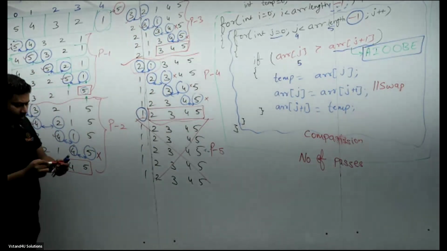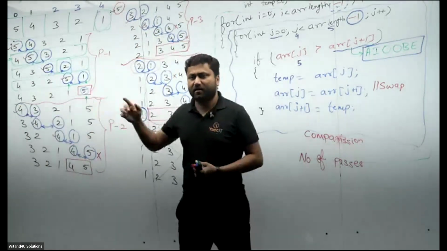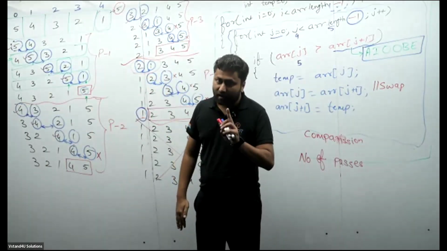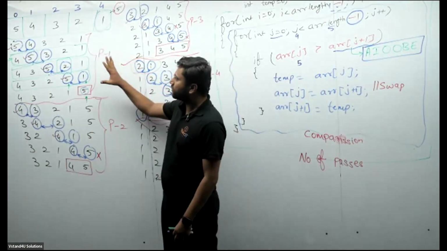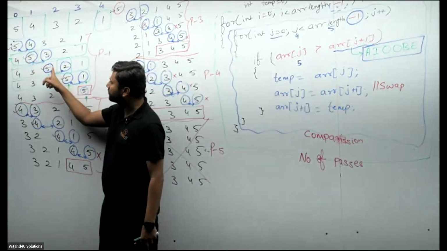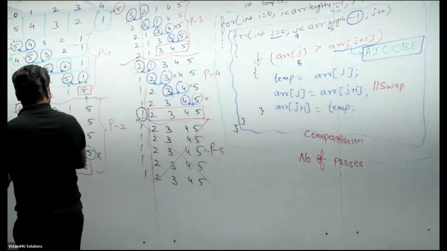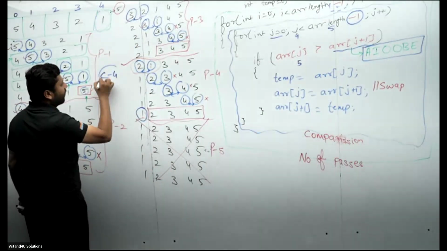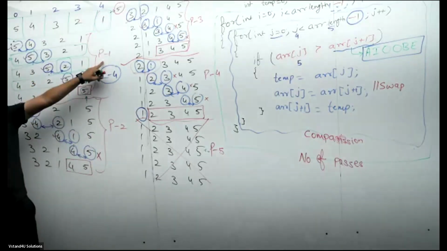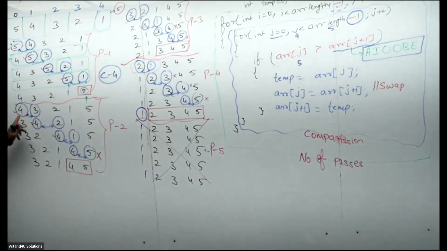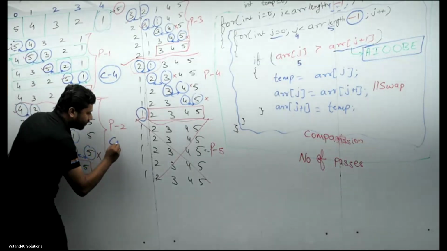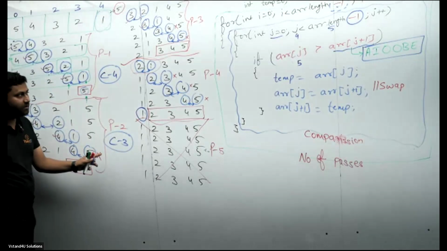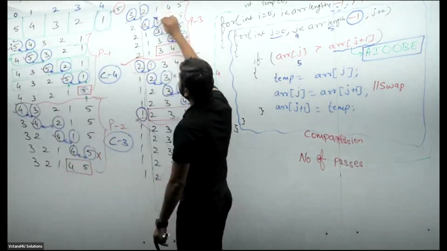Pass by pass, the number of comparisons should reduce. In the first pass, total comparisons: 1, 2, 3, 4, so 4 comparisons. In pass 2, 1, 2, 3, so 3 comparisons in pass 3, 1, 2.